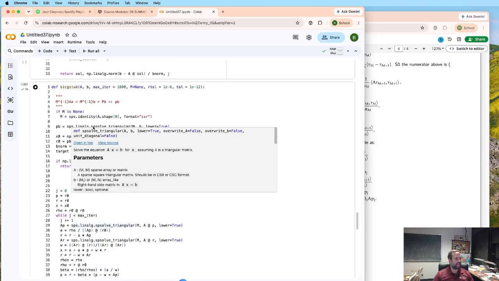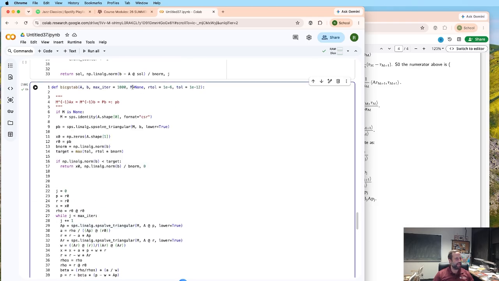For BiCGSTAB, the preconditioner is actually going to be M inverse, but in a very specific way. It's going to use something called a linear operator that SciPy has.